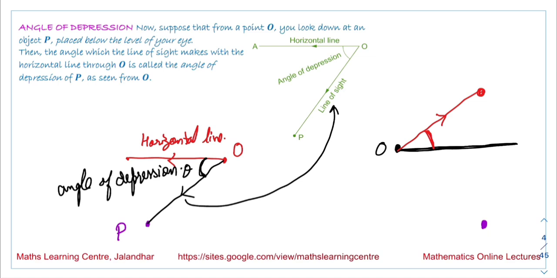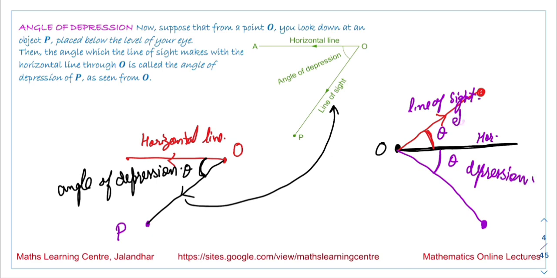For the object at this point, this is the angle over here. These are the angles theta we are talking about. This is the horizontal line, these are the lines of sight, and this angle is the angle of depression, and this is the angle of elevation.